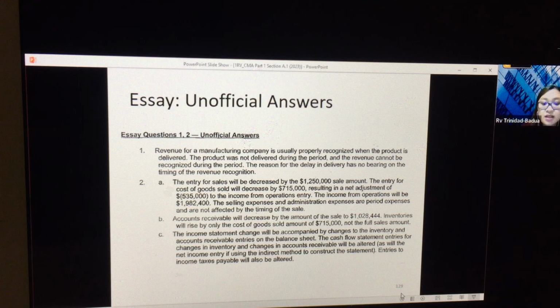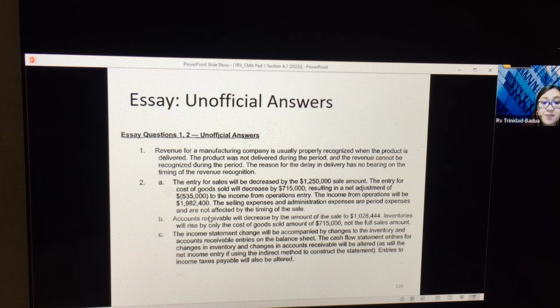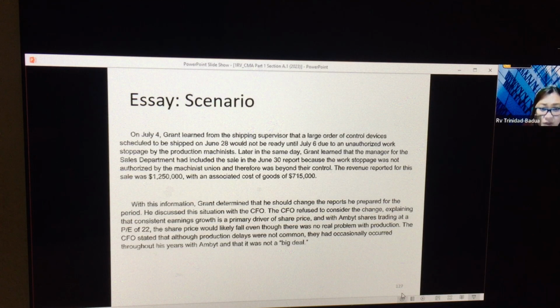Accounts receivable, the next question was, describe the changes that would be made to Ambit's June 30 balance sheet. Yung kanyang accounts receivable would decrease by 1,028,444. Saan nang galing yun? Ito ko sa inyo.